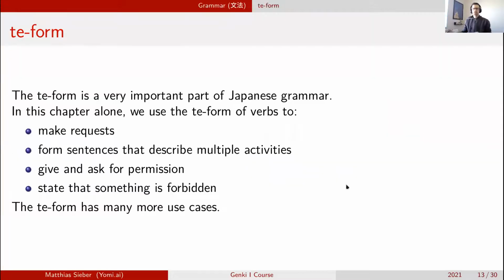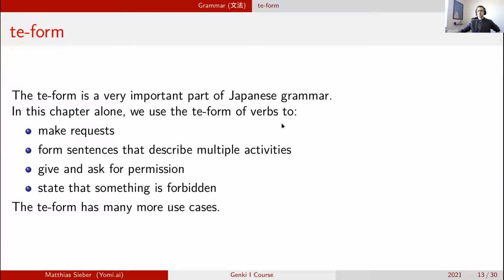Okay, so T form. There were many T forms. In this chapter alone, we use it to make requests, form sentences that describe multiple activities, give and ask for permission, and state that something is forbidden, right? And this is all in this chapter. 3 of these we'll cover today.